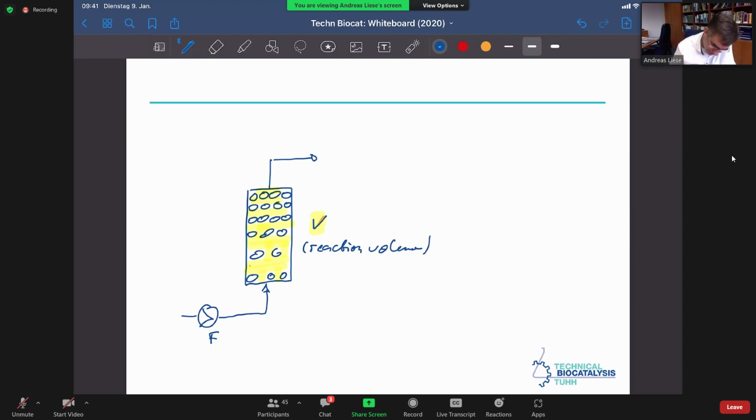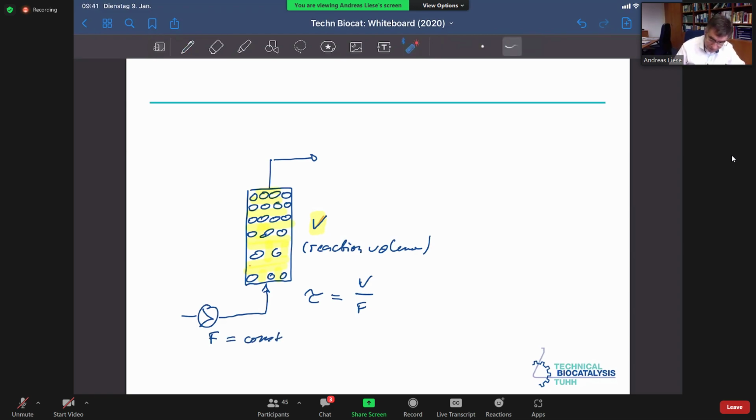Now we have defined that the residence time is nothing more than the quotient of volume divided by flux. The flux driving the feed to the reactor is constant.